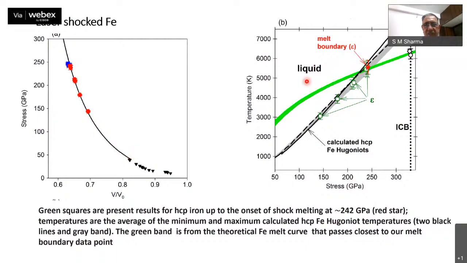So though a lot of changes are happening in iron, the Hugoniot curve didn't show anything. It actually was very rich in the changes that it undergoes.